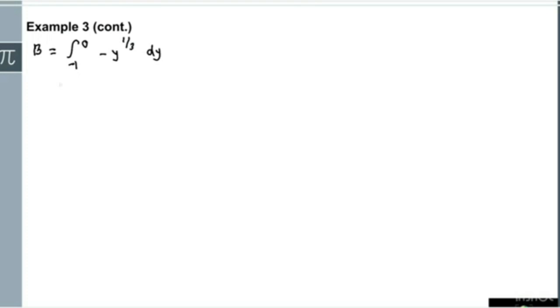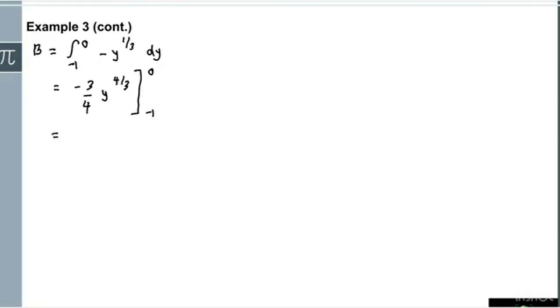Right, so this one we use the previous integration. So we have -3/4 y to the power of 4/3, and limits of integration is -1 to 0.